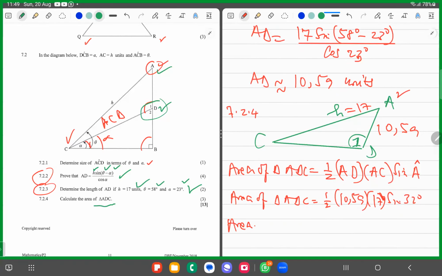So which means the area of triangle ADC is 47,70 units squared. So that is exactly the answer.